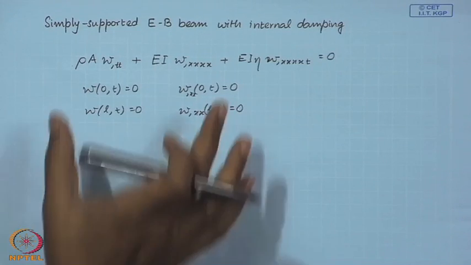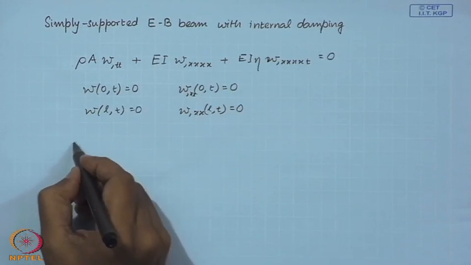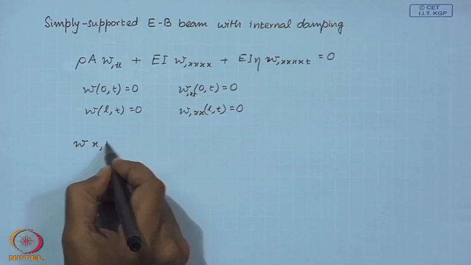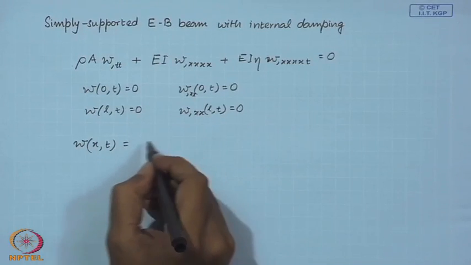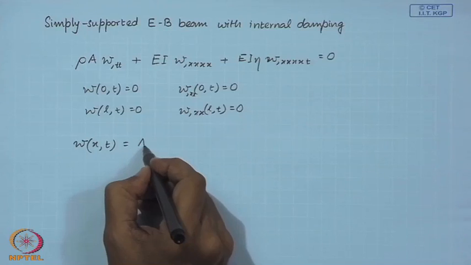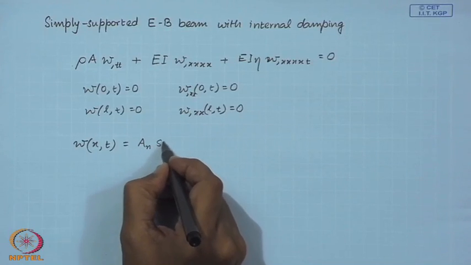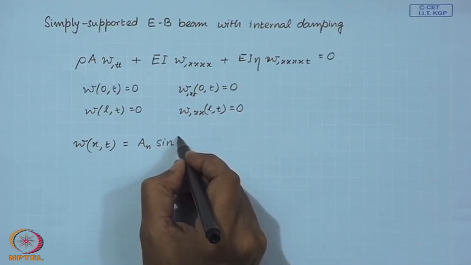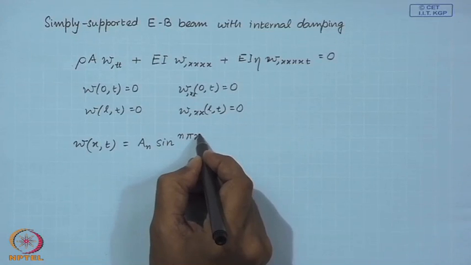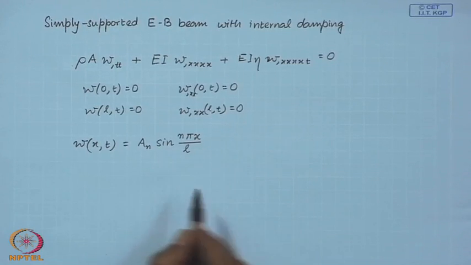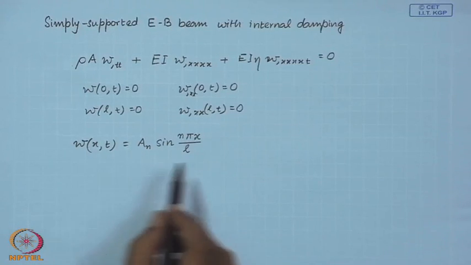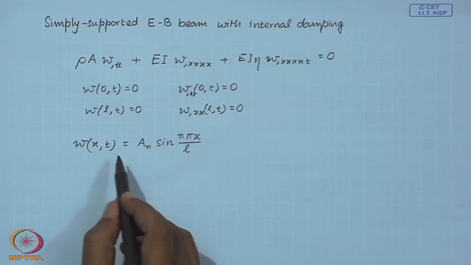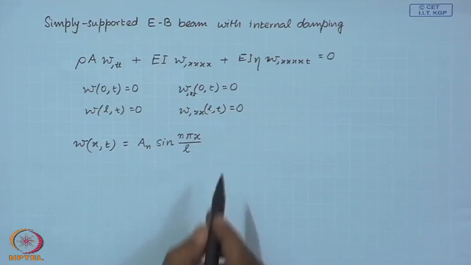Now, we have seen that for an undamped beam, the modal vibration is given by this. Let us for a moment assume that this beam is vibrating in this nth mode.